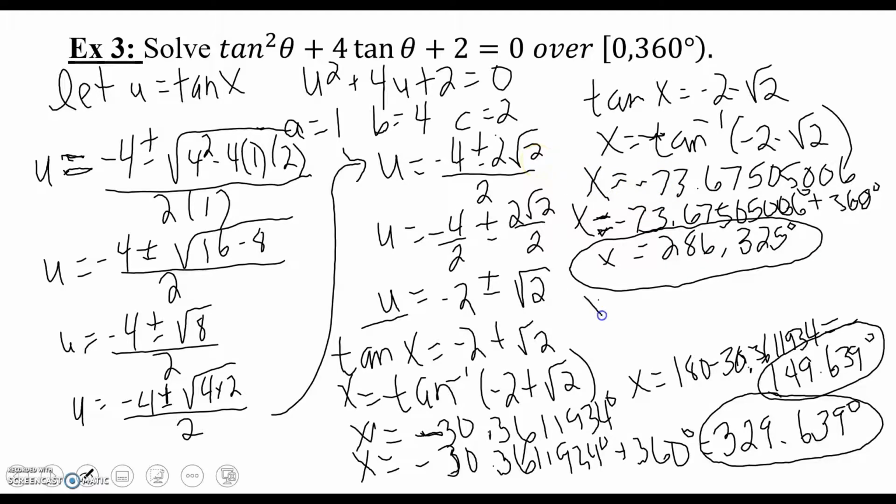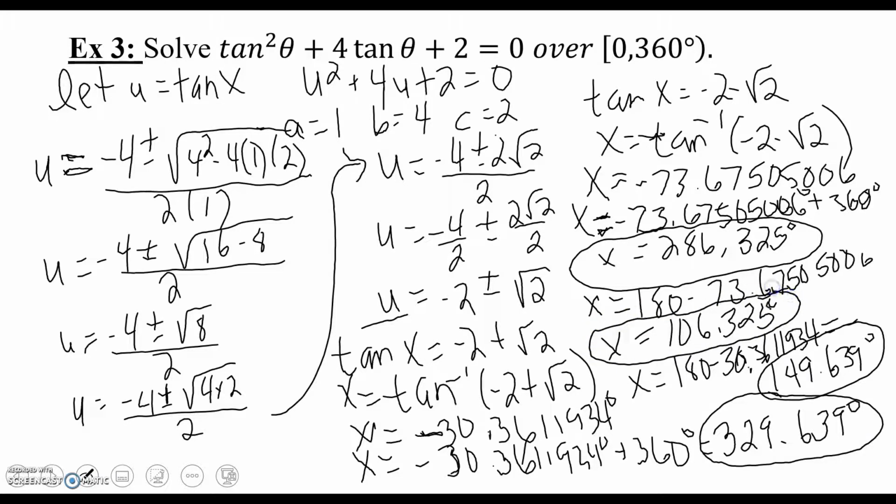Either way, I need to do 180 minus this 73.675050006. And if I do 180 minus that angle, I get a total of 106.324 or 325 degrees. And so that gives me my fourth angle that satisfies this equation.